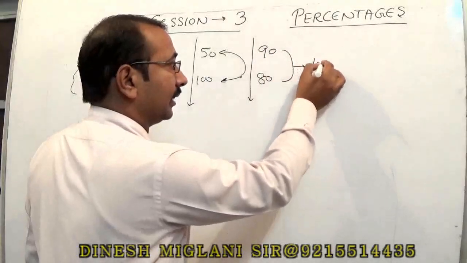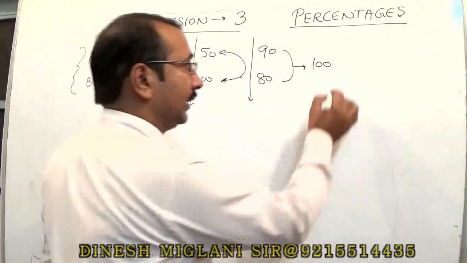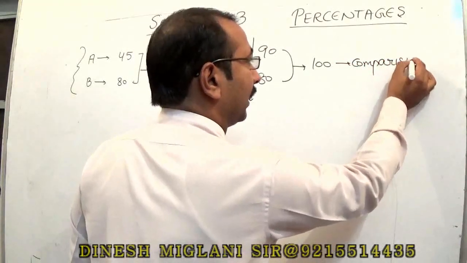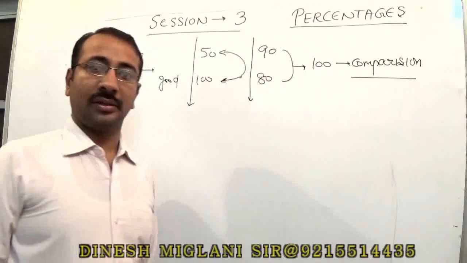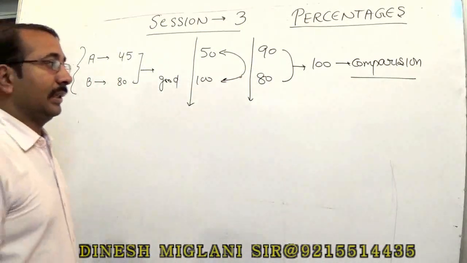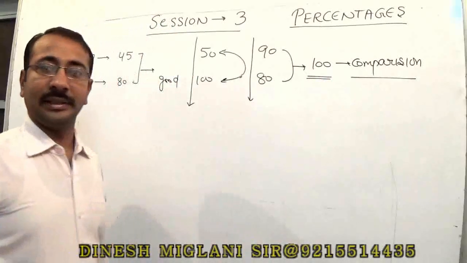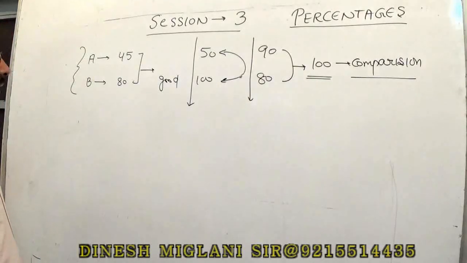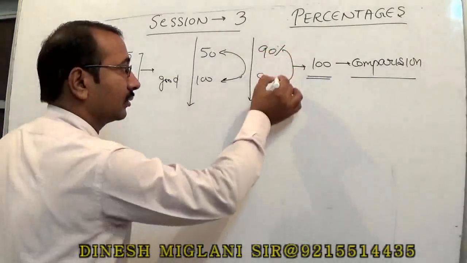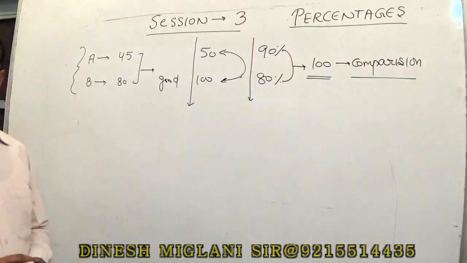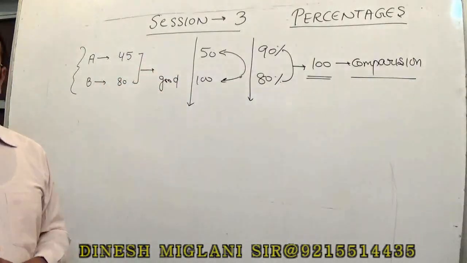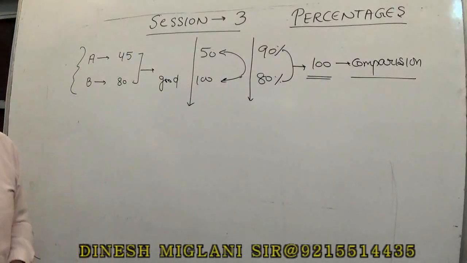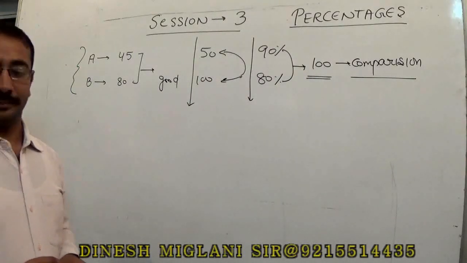Percentage makes everything out of 100, which means it makes comparison possible. Whenever we have to compare two or more quantities on different bases, we take their base to be 100, and once their base is 100, we can easily compare. So if it is stated that A has got 90% marks and B has got 80% marks, it does not matter what the maximum marks of the paper are. We are just concerned with the relative performance of A and B. A is better than B.